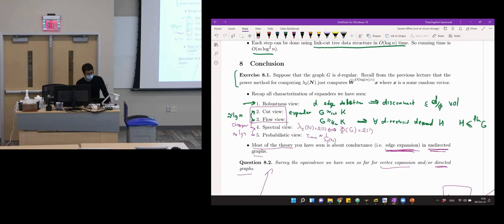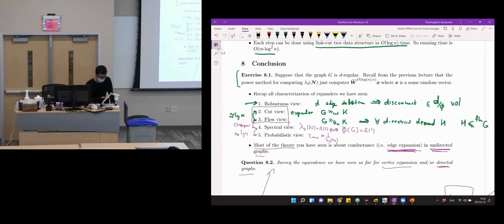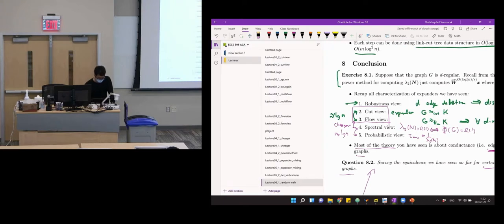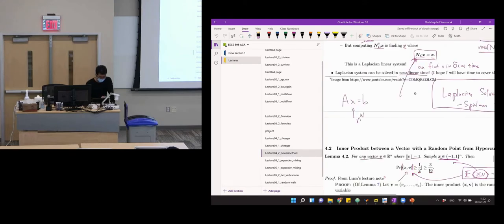And here, this is just to recall that the matrix that we really compute in the power method is just this lazy random walk matrix raised to some power. So why is that? Well, you just need to recall the power method, right?